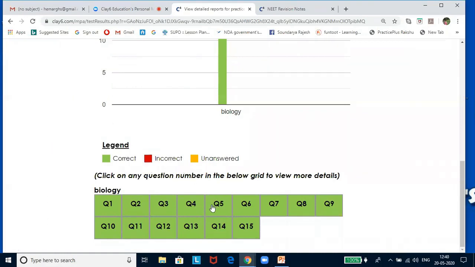When I click on this, I'm going to get the correct answer, and also it is going to show the answer where I have made a mistake for me to analyze the mistake. And suppose I have not attempted question number 9, then it will be showing me in yellow color. So this indicates that when I click this, I'll come to know the answer.